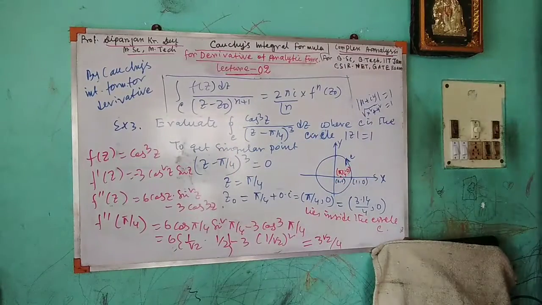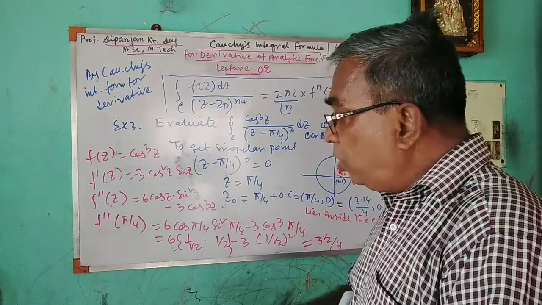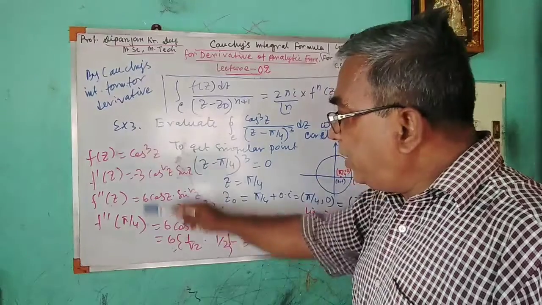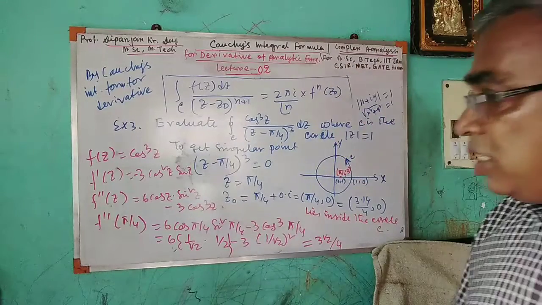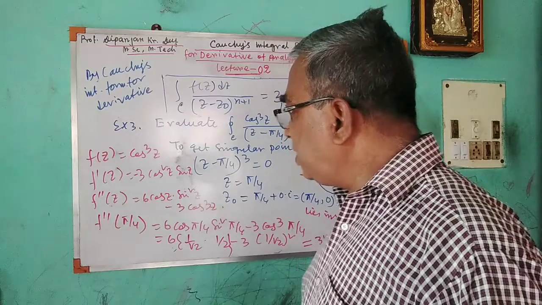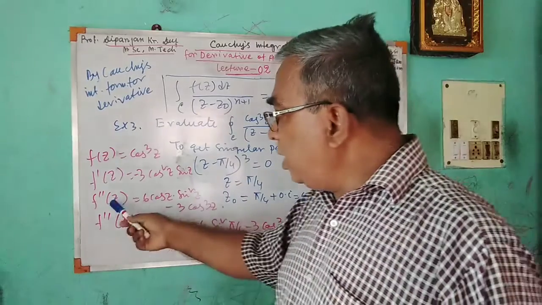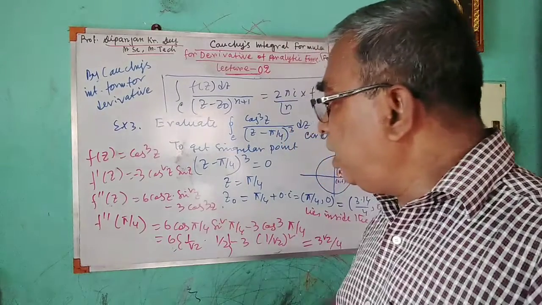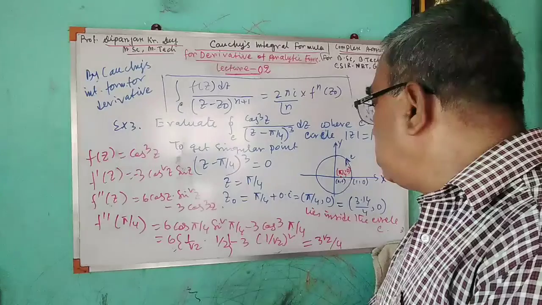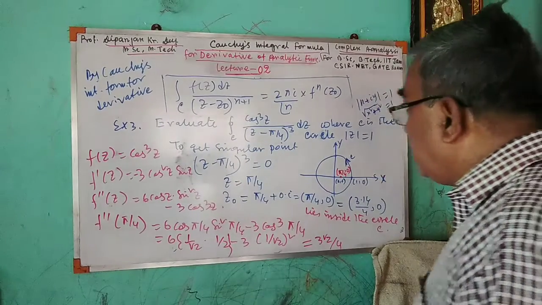Now by Cauchy's integral formula for derivative, I think everybody understands this part. This is very simple, like differentiation. First f dash z, we differentiate with respect to z, then f double dash z, then f double dash pi by 4, because pi by 4 is the singular point which lies inside the closed curve C.